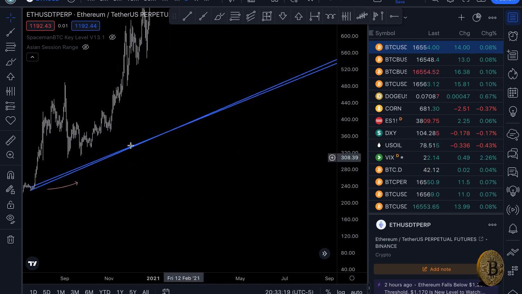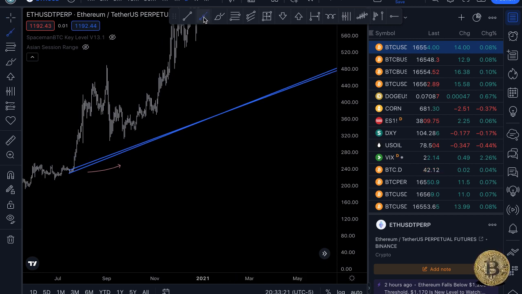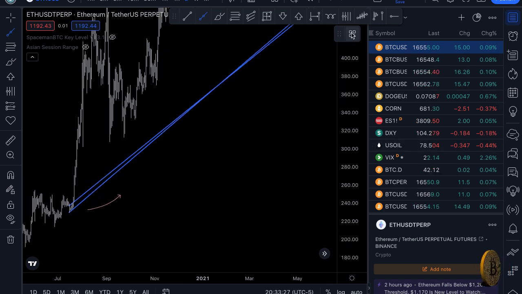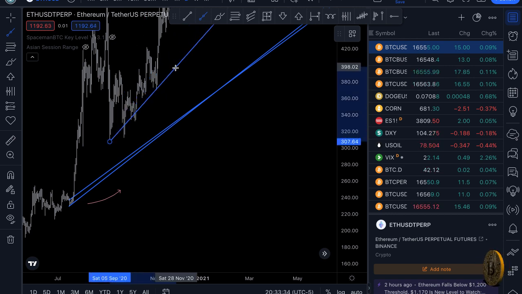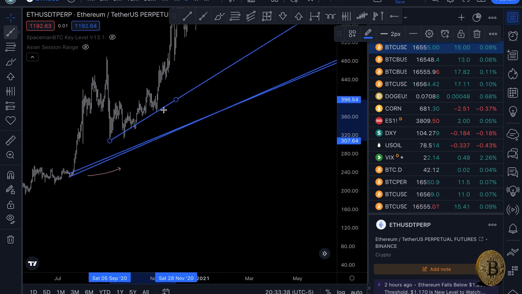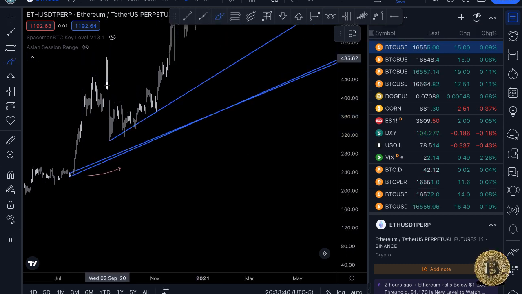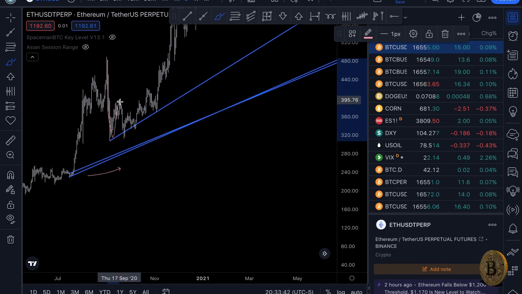But this is another buy zone right before. It's almost a little bit like this. I hope you can see that. Got a big head here, right?